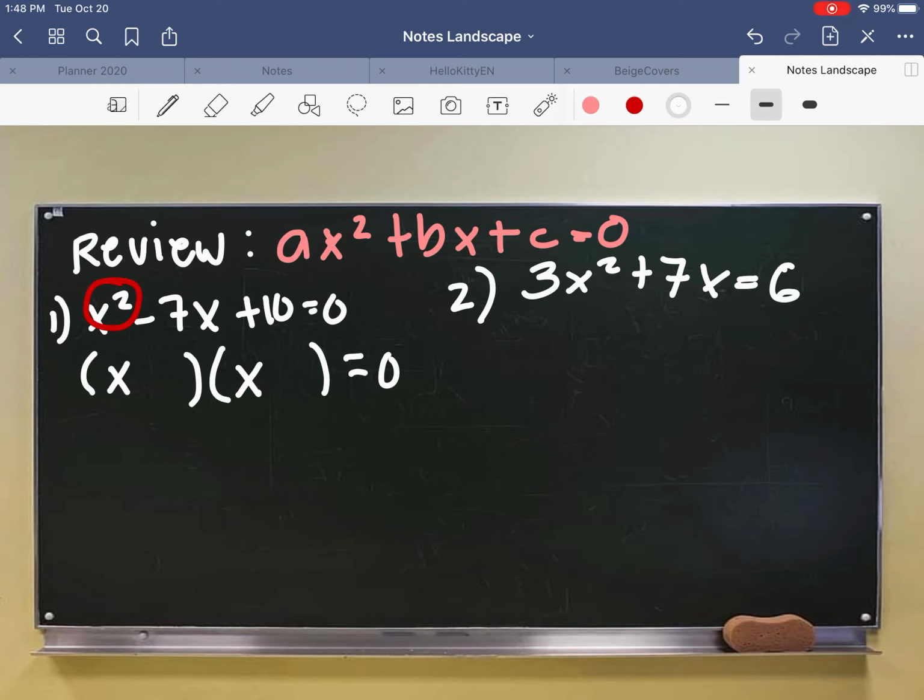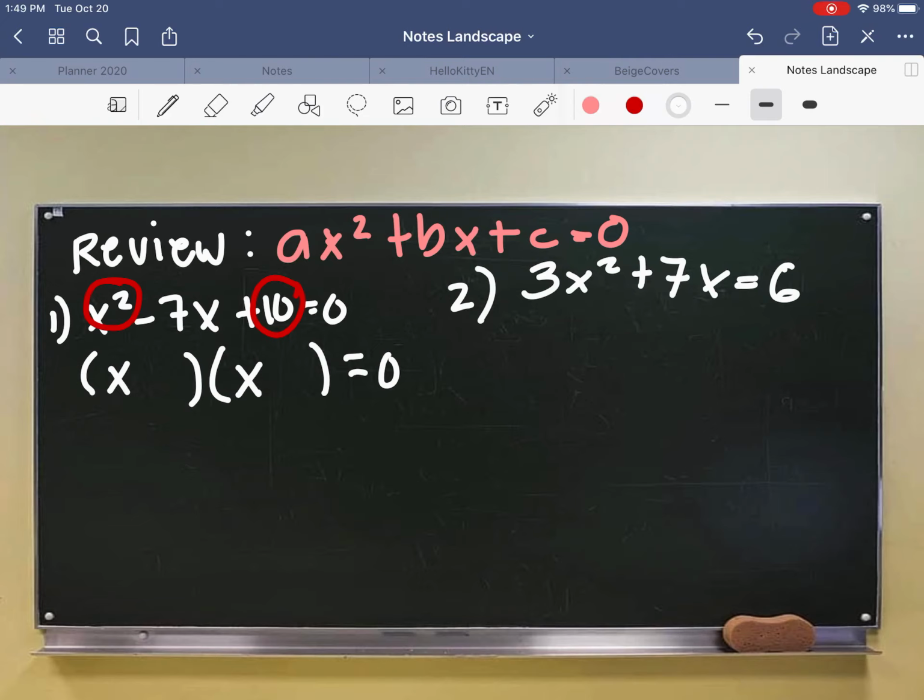Now, next we look at the constant c. Okay, so 10. Ano ba yung factors ng 10? Ibig sabihin, two numbers that when you multiply is equal to positive 10. Kung positive yun, ibig sabihin, yung number na i-multiply natin is both negative or both positive. Okay, so we have 10 and 1, we have 2 and 5.